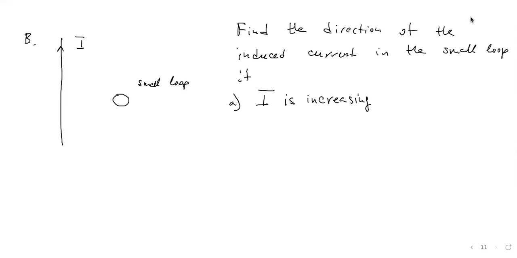Let's go by small steps. The external field due to current in this area, what is the direction? I believe it was the right hand rule. In, yes, everyone agree? So the small loop will be inside this magnetic field due to the current.